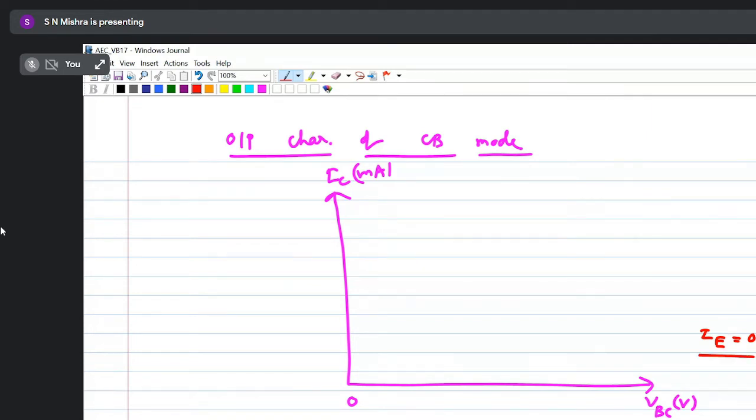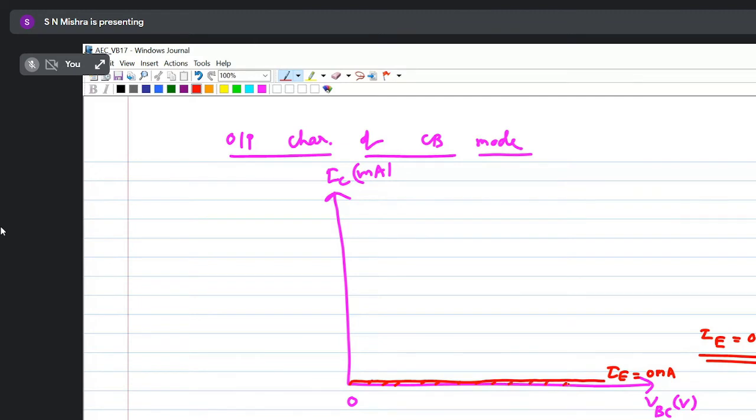So when IE is 0, how much current will I get? Only leakage current. So let us say this one, when IE equals 0 milliampere, this is your leakage current.